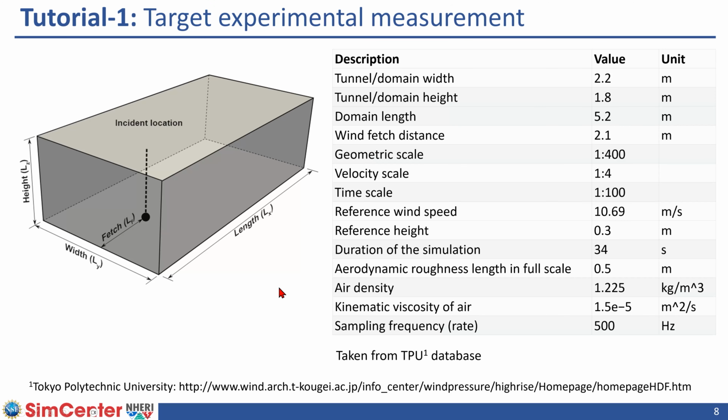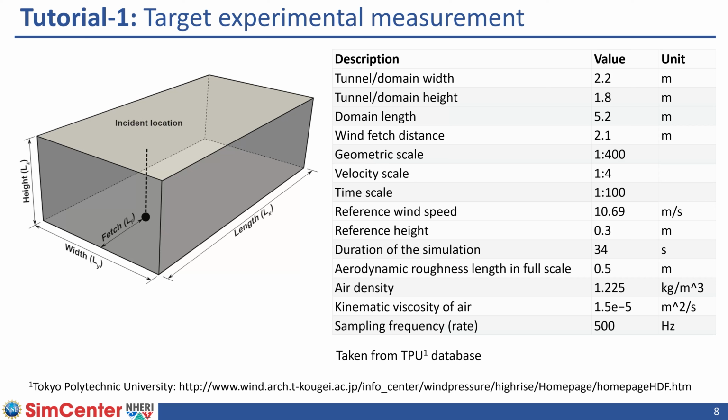Here are more details about the CFD model that we're going to create in this tutorial. It is based on experimental measurements taken at Tokyo Polytechnic University. You can find more details about this experimental measurement from the link provided here at the bottom. What we are trying to do is to recreate this experimental measurement in our CFD workflow.